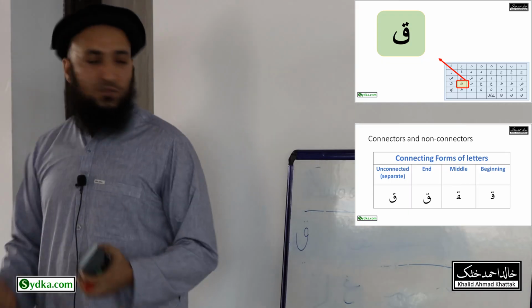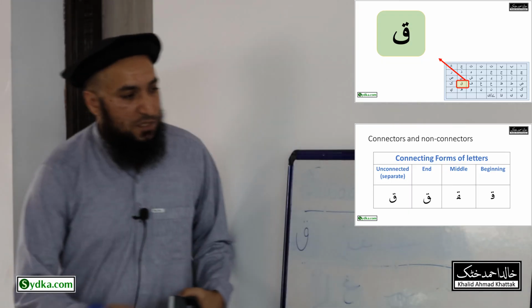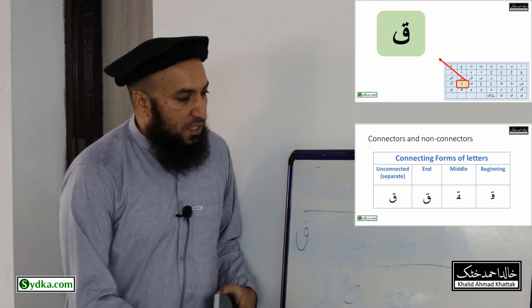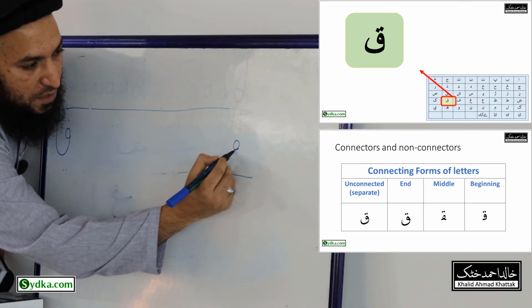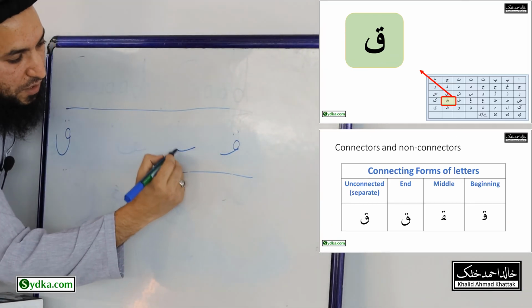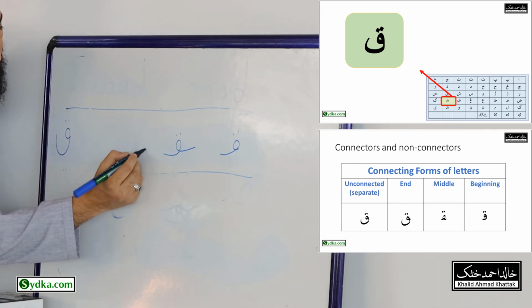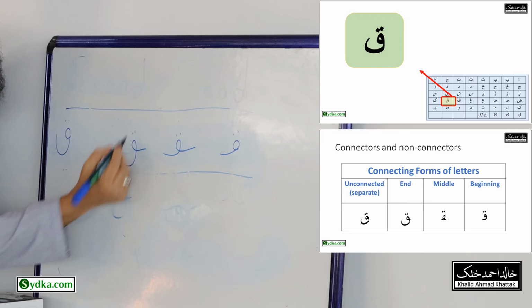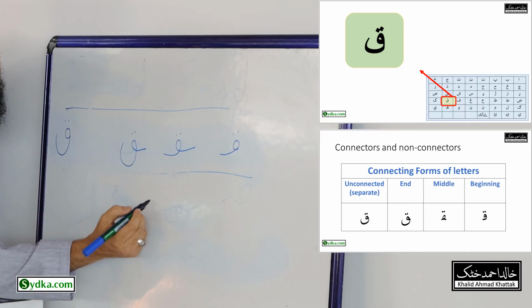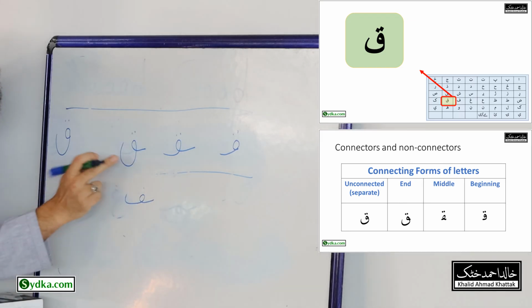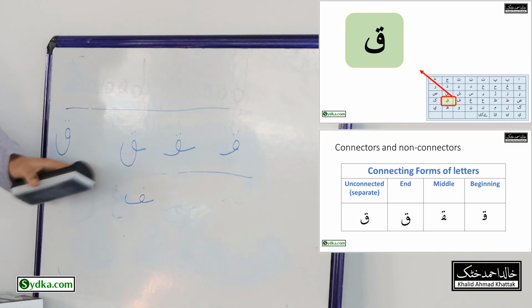I know it sounds silly, but that's how you learn languages. So in the beginning, it's like this. In the middle, looks like this. Same as fa, but with two dots. But the difference with fa, we write it like this, and in qaf like this, okay?